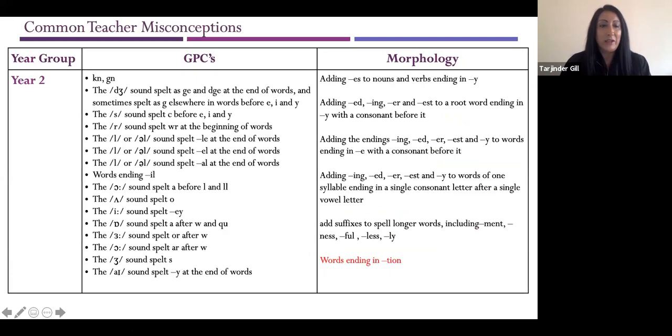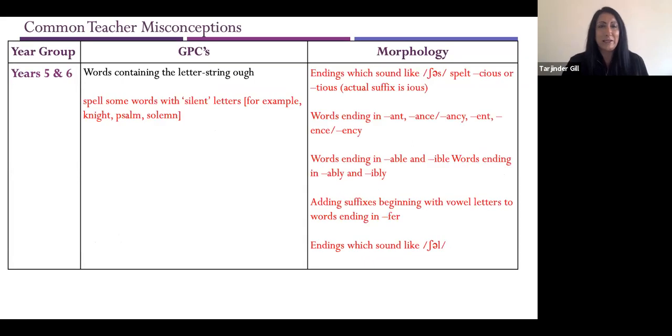You've already got the GPC K and N together as a digraph that you use to represent the N sound. So there's no point in then turning around and teaching it as a silent letter. And I don't think that's helpful to children anyway, because they're not really silent, they're just unusual GPCs.